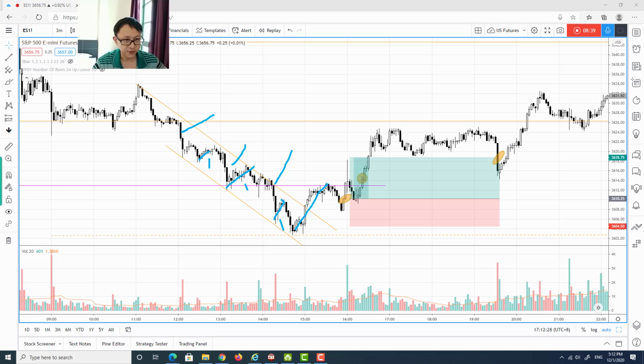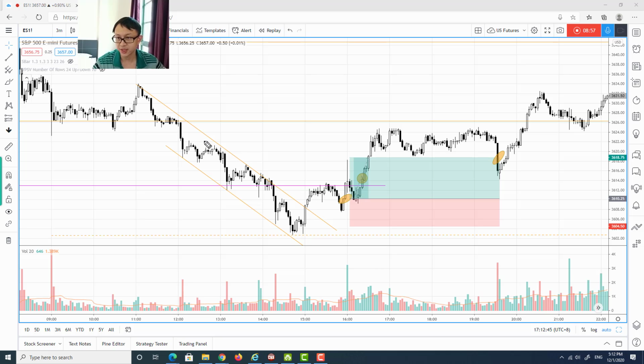This is the first time that we have seen this big up wave. It's bigger than any up wave that we have ever seen from this down channel. That suggests that demand is now dominating.